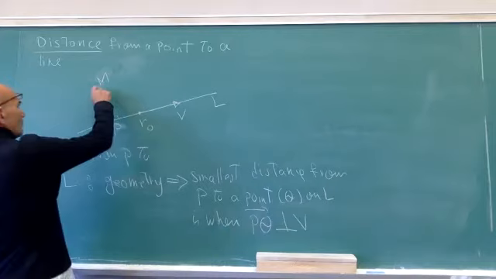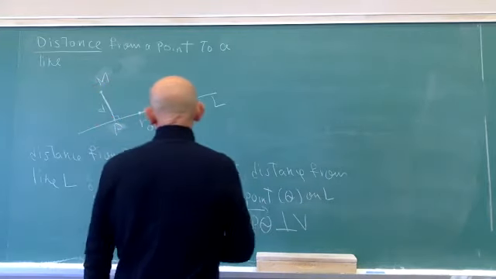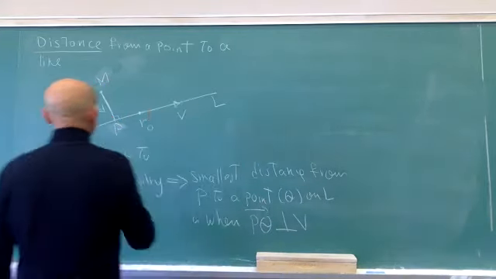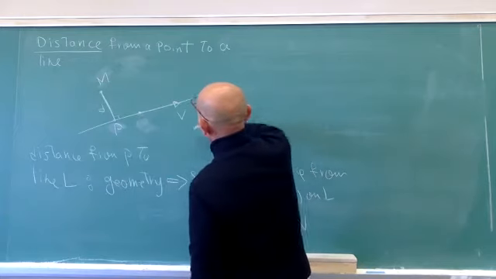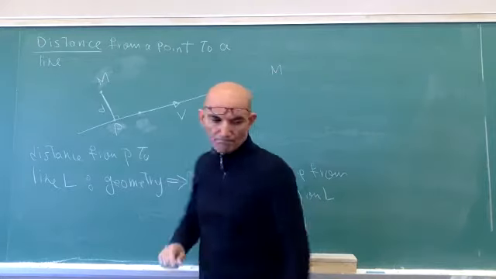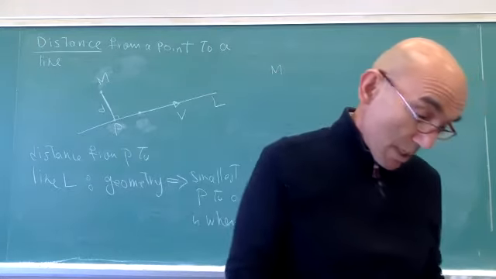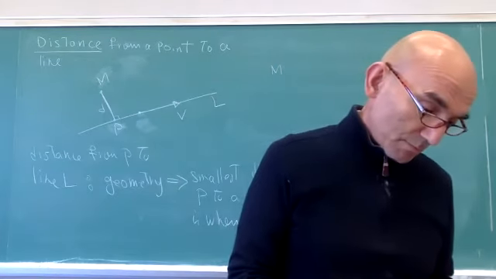So what do we get if we cross QP by V, for example?